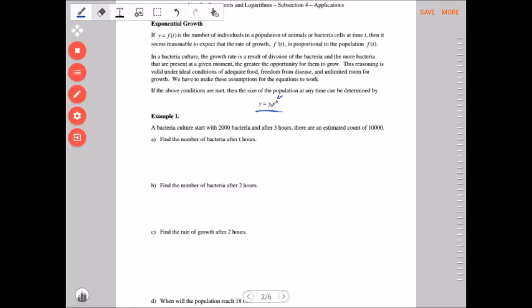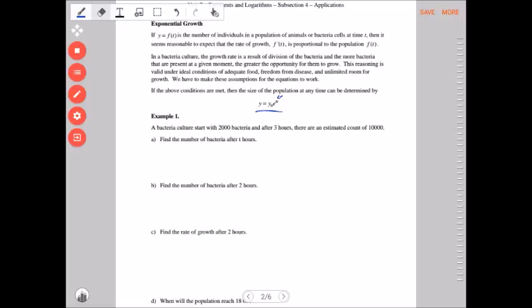Example 1. A bacteria culture starts with 2,000 bacteria, and after 3 hours, there is an estimated count of 10,000. Find the number of bacteria after t hours. So that's that equation up there, and we are just going to solve for the k value. Now, I warned you about that earlier. To solve for k, we're going to put in everything that we know.